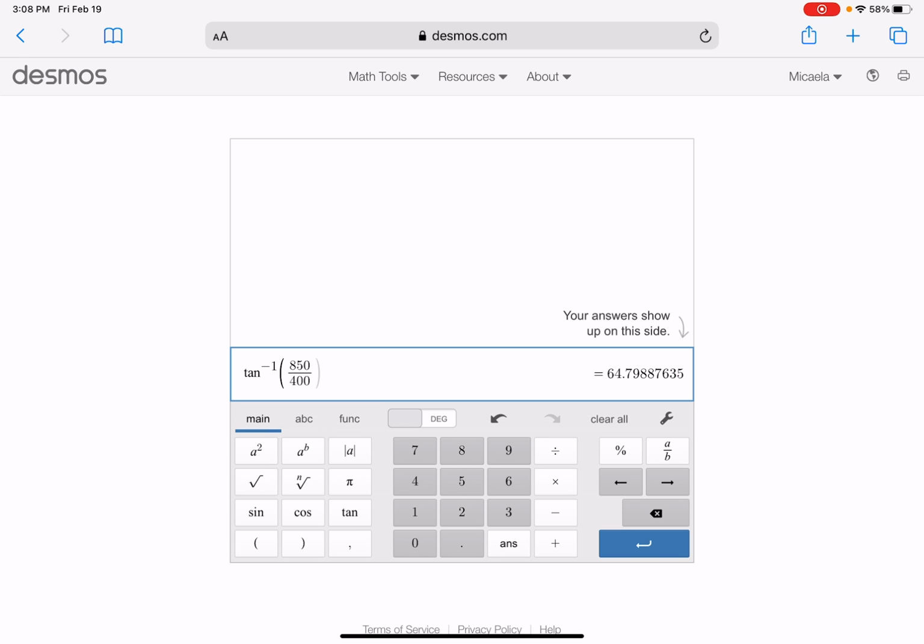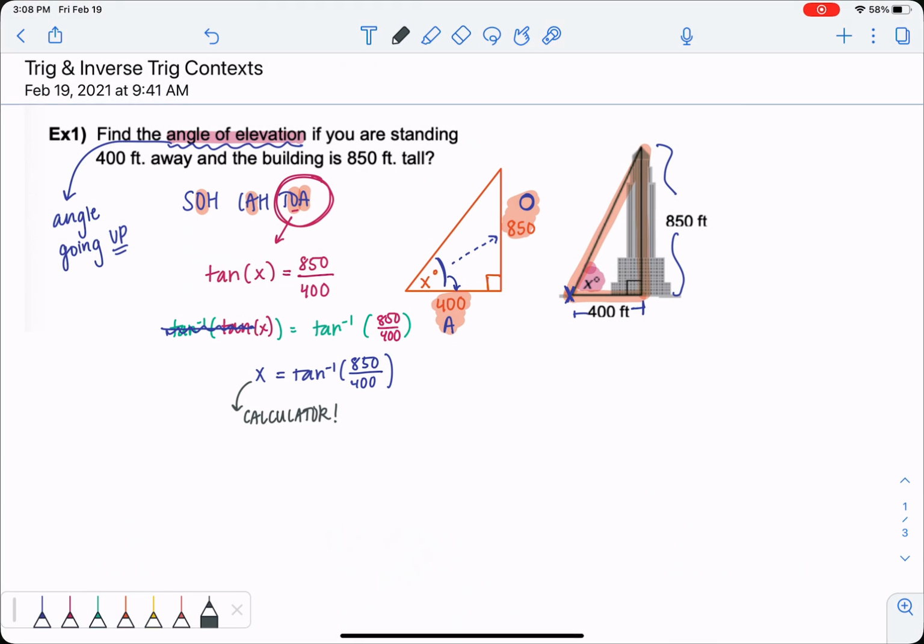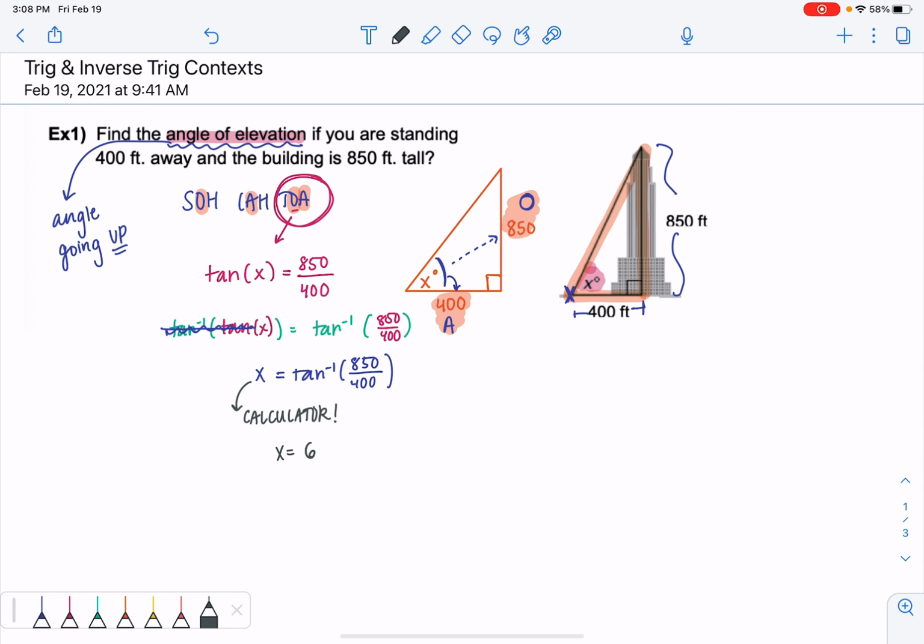We're in degrees, so 64.79. So X equals 64.79 degrees. That little symbol means degrees, and that is our answer. That's the angle going up, the angle of elevation.